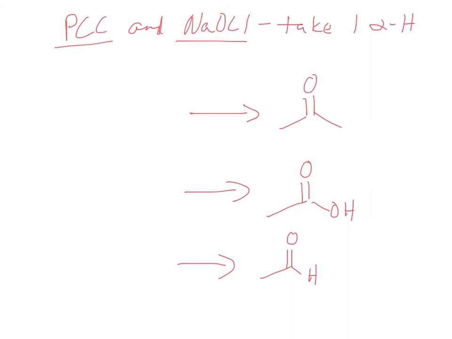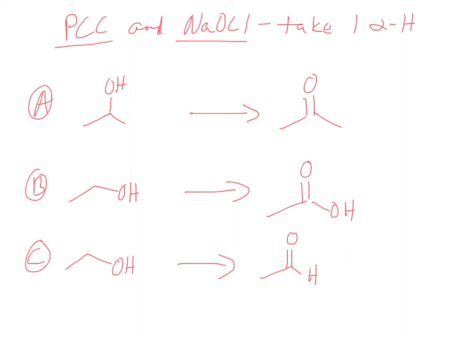If I label these B, C, and A, for A, what's the starting material? Secondary alcohol. Good. For B, what's the starting material? It's a primary alcohol. For C, also a primary alcohol.